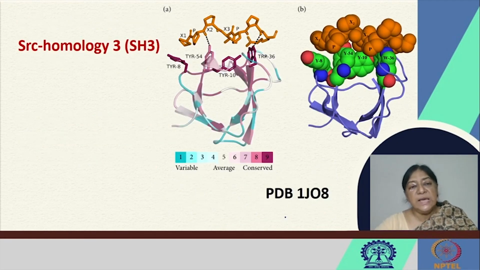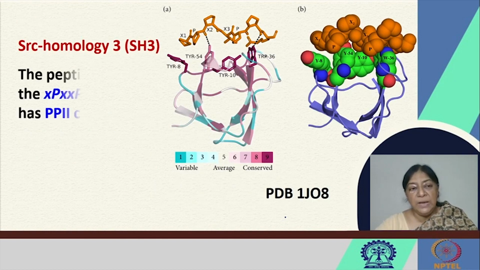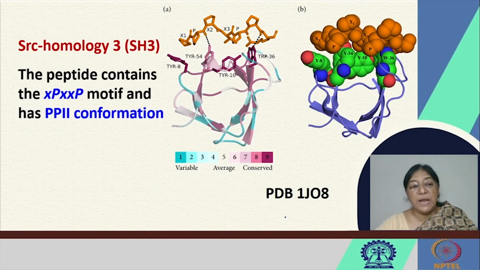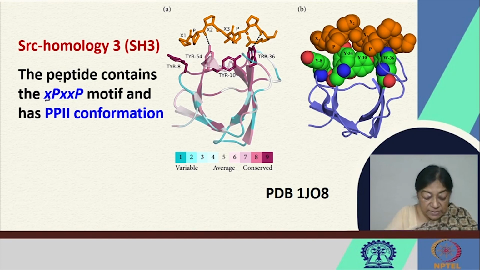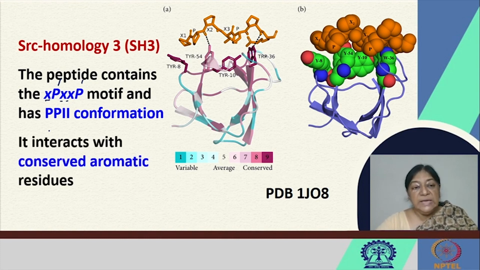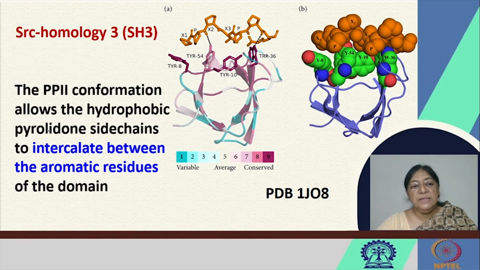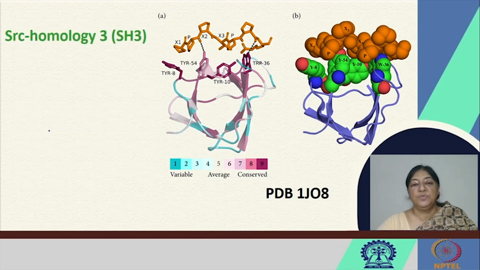So if we look at the SH3 type of domain, this peptide contains the X-proline-X-X-proline motif and has the PP2 conformation. It interacts with conserved aromatic residues that are there in the receptor, and the PP2 conformation allows the hydrophobic pyrrolidine side chains to intercalate between the aromatic residues of the domain.